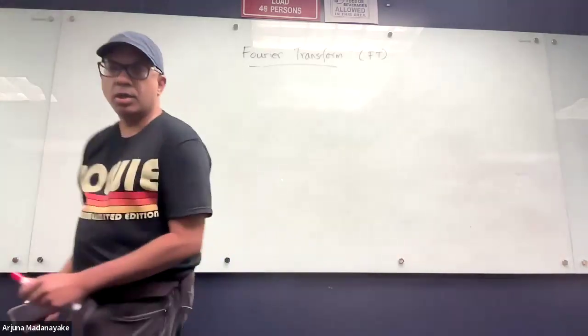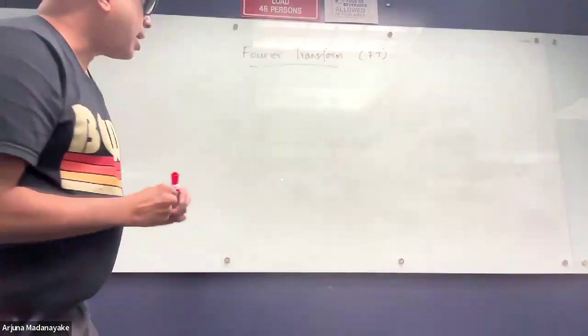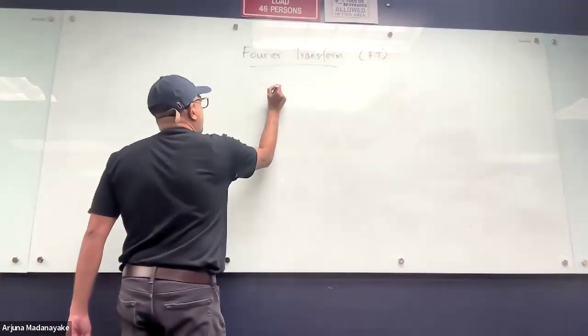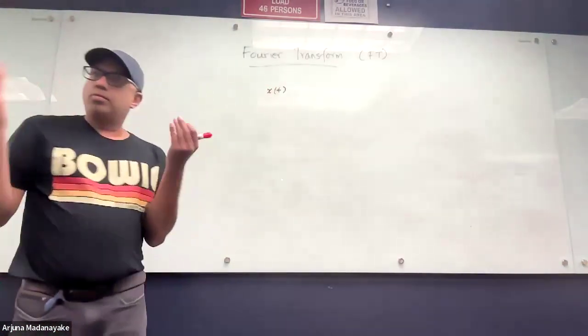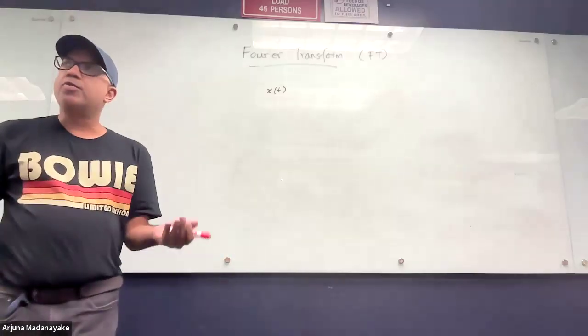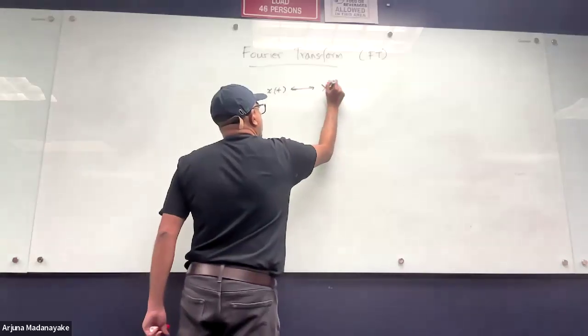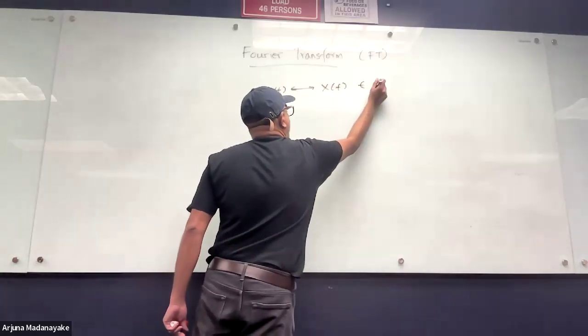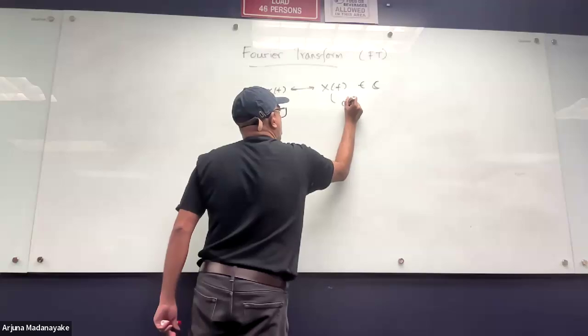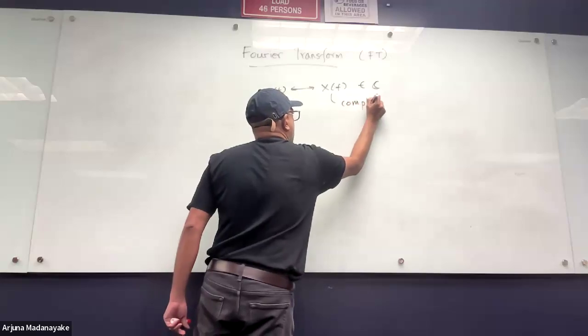All right. So we said that if x of t is the time function and you compute its Fourier transform, it has X of f, which is a complex function, right? So it's a complex valued function.